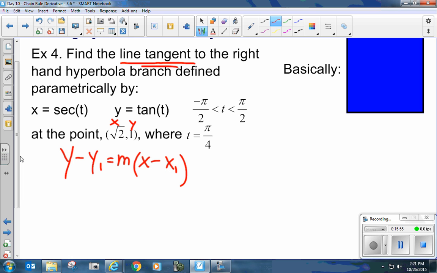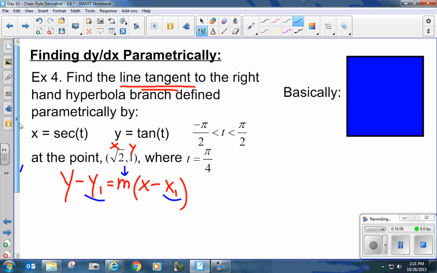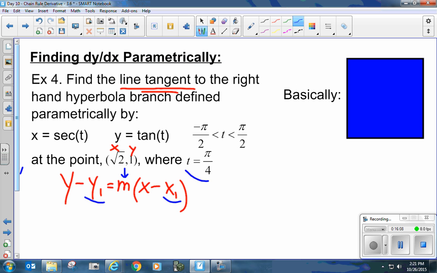All we need, we have an x and we have a y. The only thing we need is our slope, right? Isn't slope the derivative? I need the slope right at pi over 4.